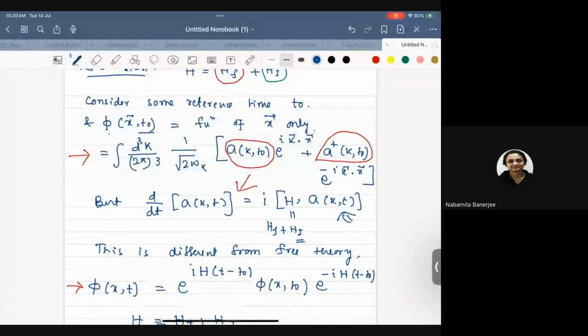We just want to build up a prescription which would be valid no matter what my interaction is. So there is not really any point in trying to solve this equation for our system, because that's not what we are trying to do. Next day, somebody else will give you a phi to the 6 or phi cube interaction or whatever interaction. Then again, you would have to go back and hope to solve this equation. That's not what we are trying to do.